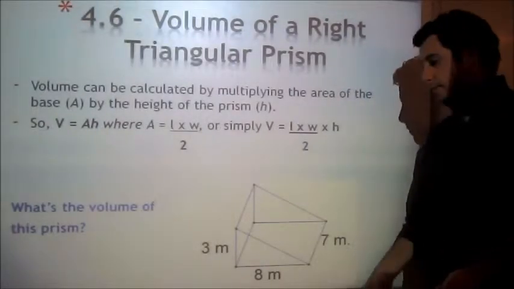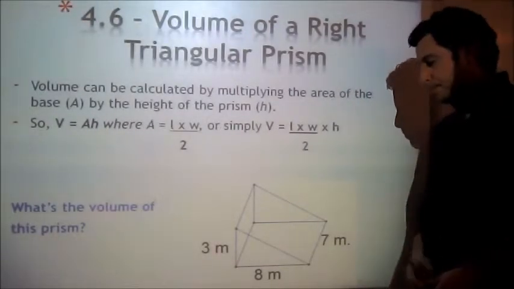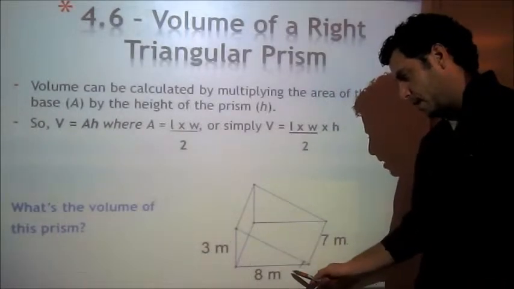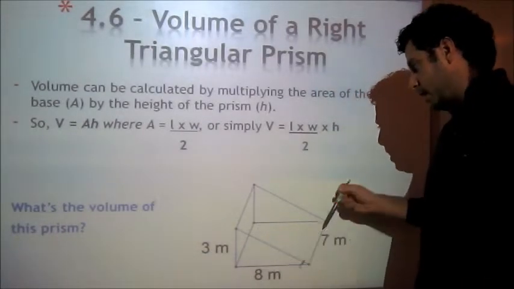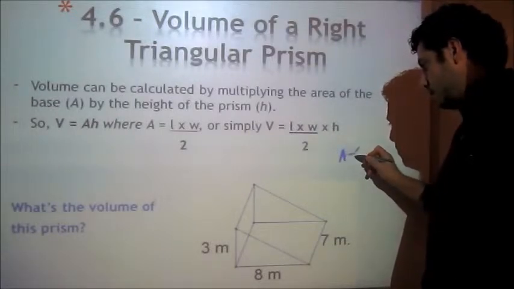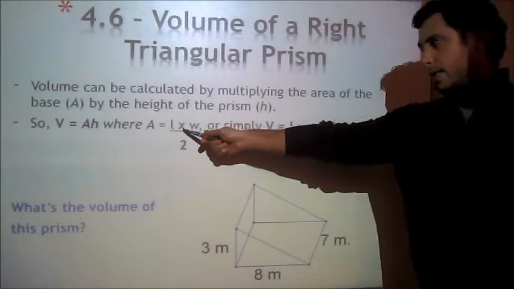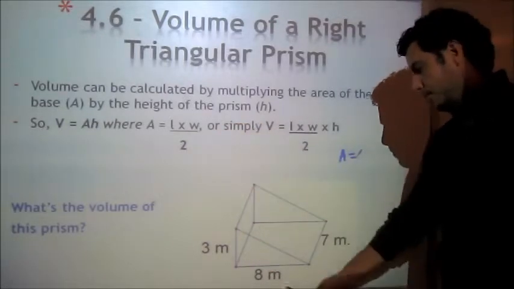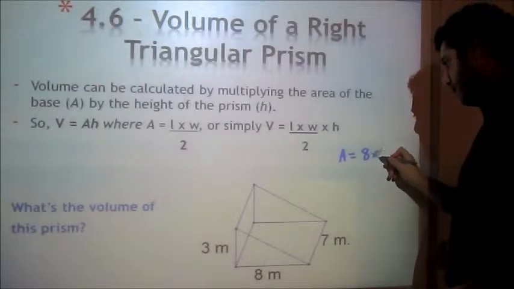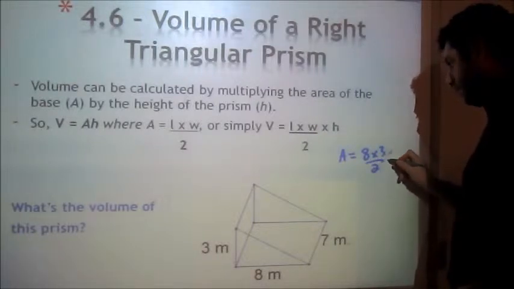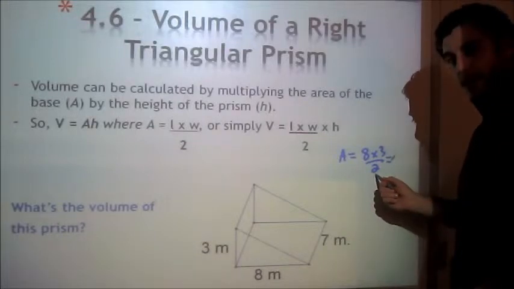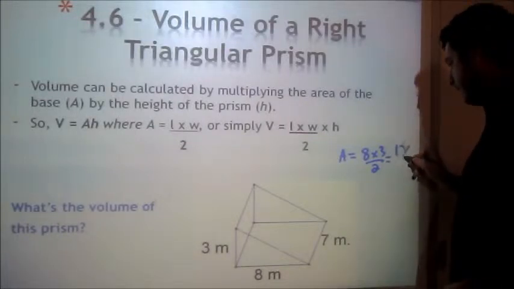So to calculate the volume of this triangular prism, we would look at the dimensions of the triangle itself, which would be 8 and 3. We would calculate the area of the base, length times width divided by 2. So 8 times 3 divided by 2. 8 times 3 is 24, and 24 divided by 2 is 12.